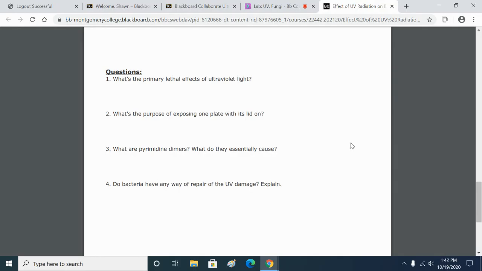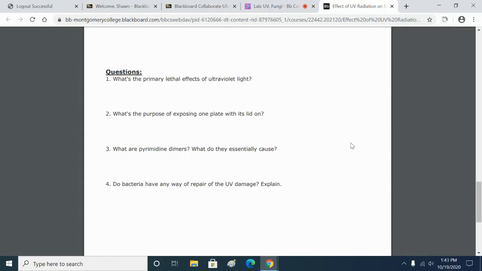So any questions about UV? How come dimers don't form with the other nucleotides? Well, they may with other pyrimidines, but it's mostly the thymine dimers that are the problem, but they can also occur with cytosines.